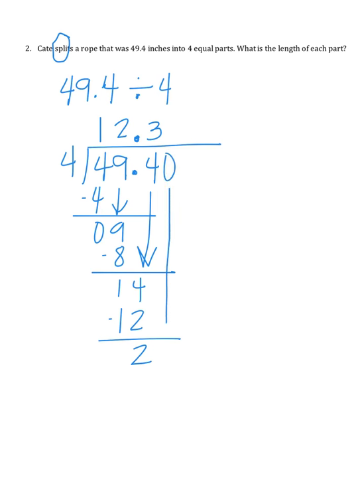Bring that down. 4 goes into 20 five times. Now with a remainder of 0, we can stop dividing. So when Kate splits that rope, that's 49 and 4/10 inches, into 4 equal parts, each part is 12 and 35 hundredths inches.